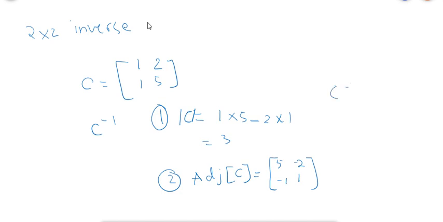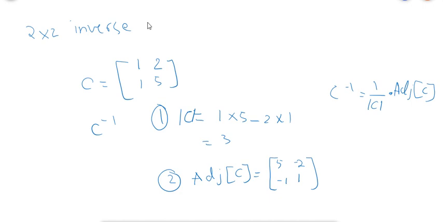So C inverse will be equal to 1 over the determinant of C multiplied by the adjoint of C. Now how will we multiply?